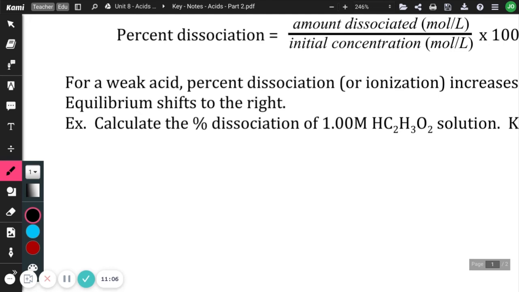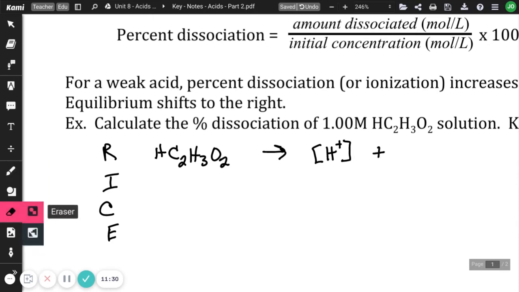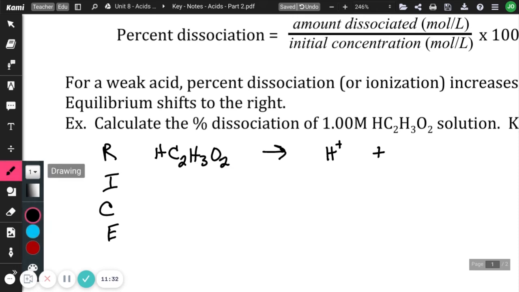So I've got my Rice table. So first off, my reaction, we've got our acetic acid. And we're just going to do a shortcut because we don't necessarily need to write the water there. But if we don't write that water, then we do need to recognize that it's the hydrogen ion plus C2H3O2 minus.